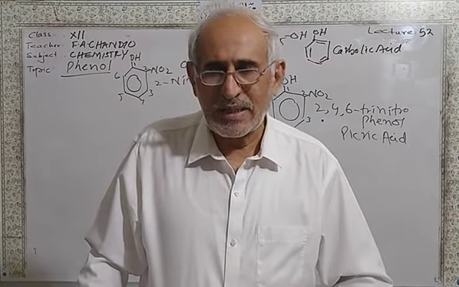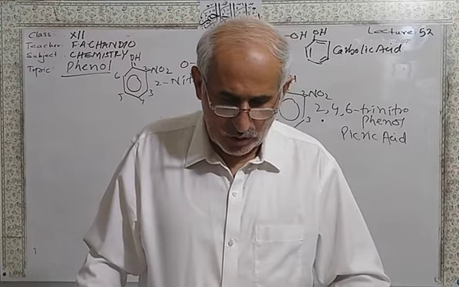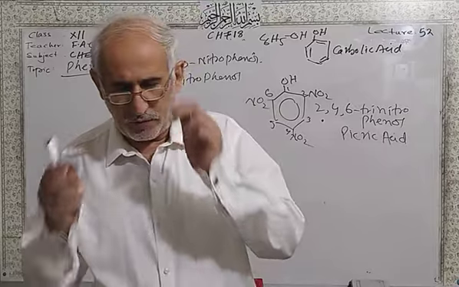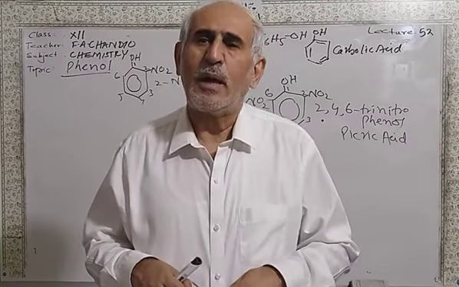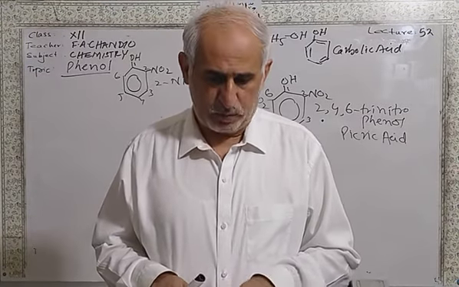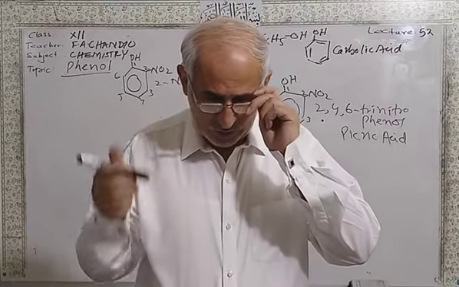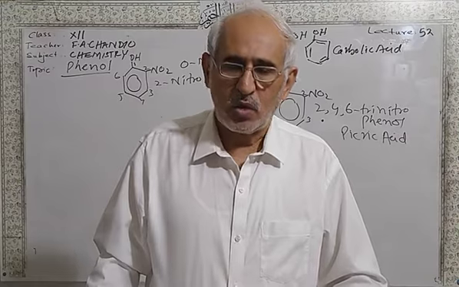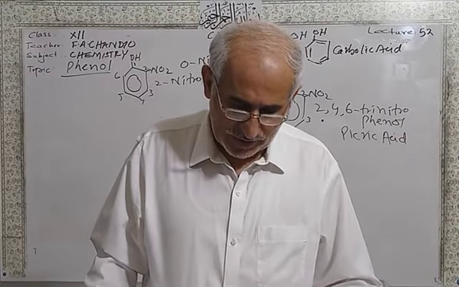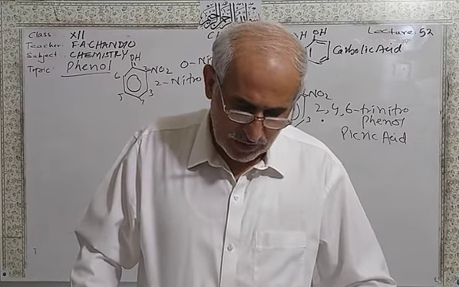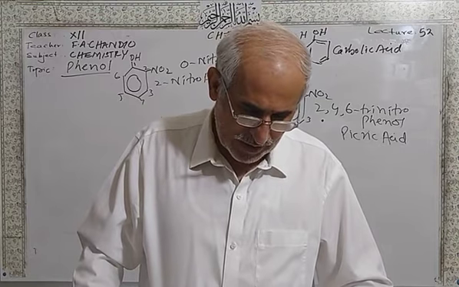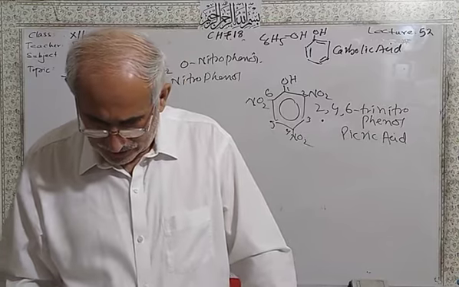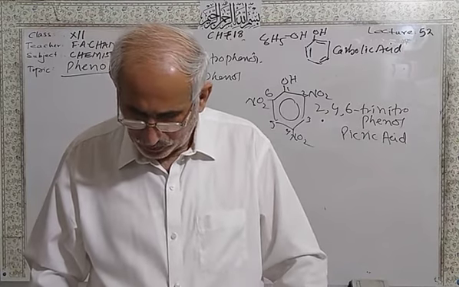And when you increase the temperature, it becomes completely soluble at 68.5 degrees Celsius, which is called the upper consolute temperature. In the first year you did the phenol-water system, and it is poisonous. We use it as a disinfectant in washrooms, and it is a disinfectant odor also. So there is the nomenclature, structure, and now physical properties.